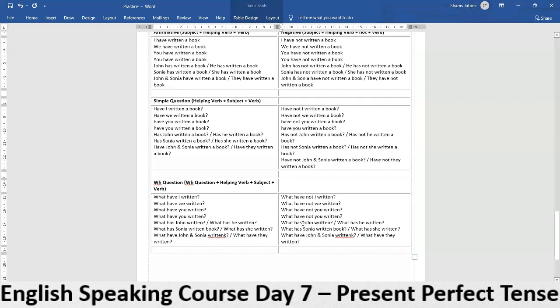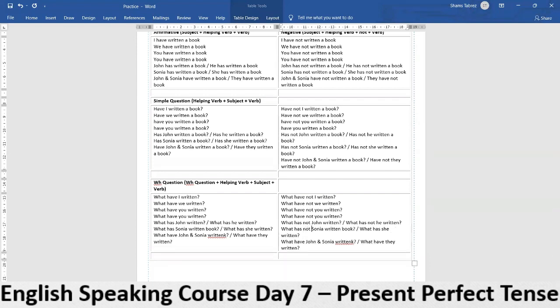What has not John written? What has not he written? What has not Sonia written? So here it should be up to written only. Okay.